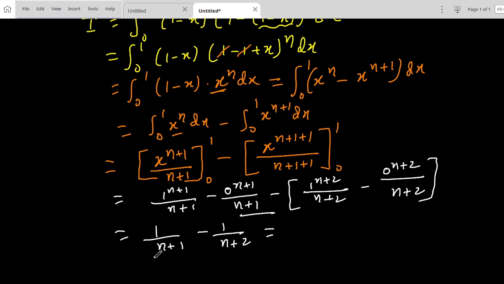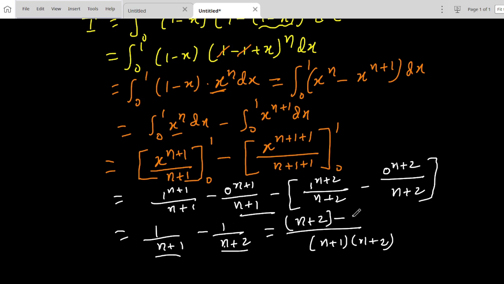Taking the LCM of n plus 1 and n plus 2, that will be (n plus 1)(n plus 2). Cross multiplying, n plus 2 by 1, we will get n plus 2, minus the cross multiplied n plus 1.